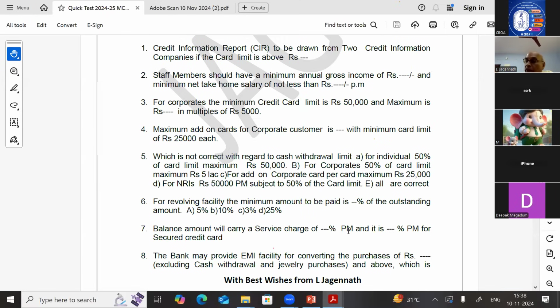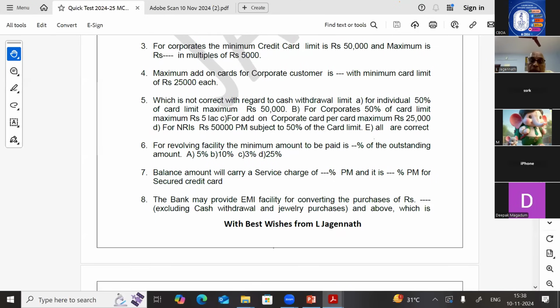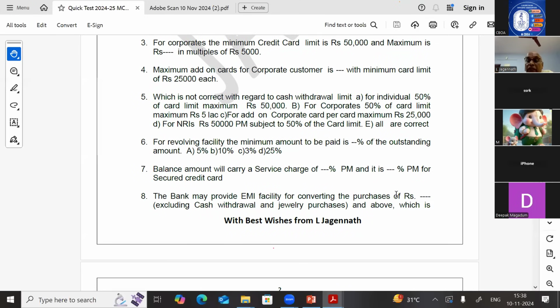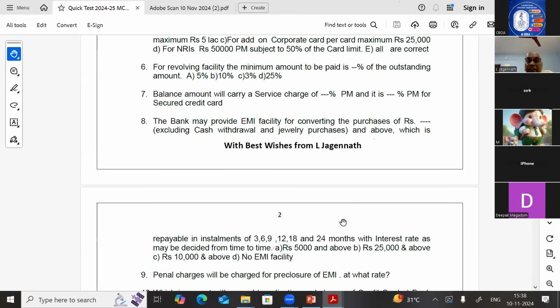The bank may provide EMI facility for converting purchases, repayable in installments of 3, 6, 9, 12, 24 months with the interest as may be decided from time to time. So what is the answer? Other than jewelry and cash withdrawal, EMI facility is also permitted if the amount is 5,000 and above. Question number 8.